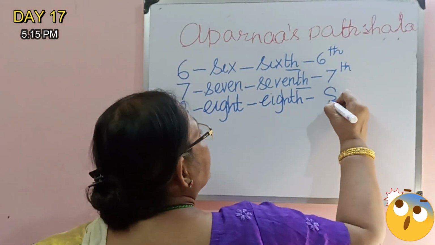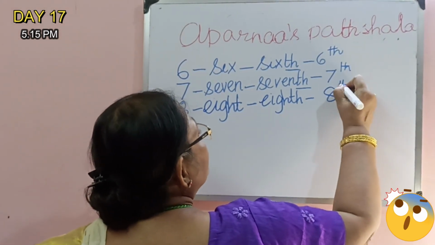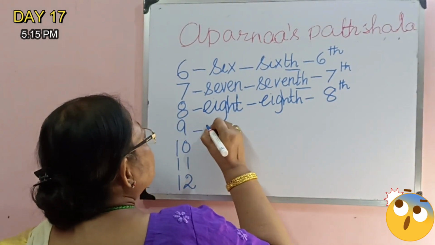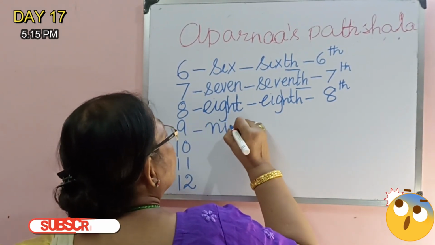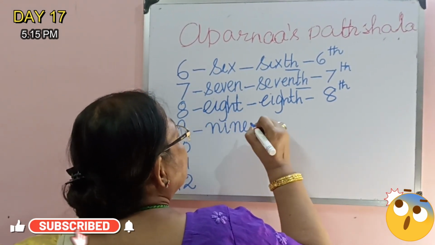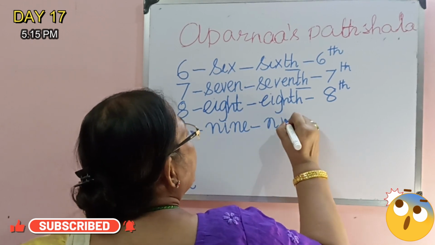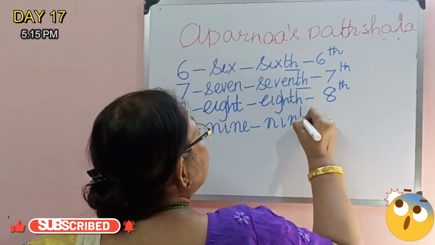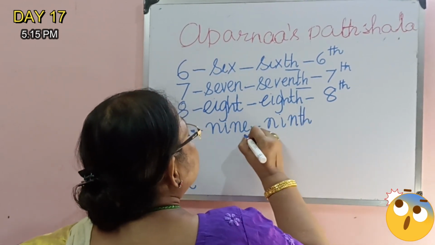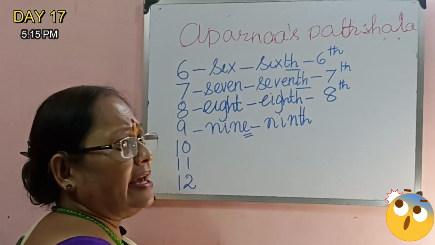Now you write the number 8 and you put TH over here. Next come 9, N-I-N-E, 9. Now we are going to write N-I-N-T-H. This E vanishes away.